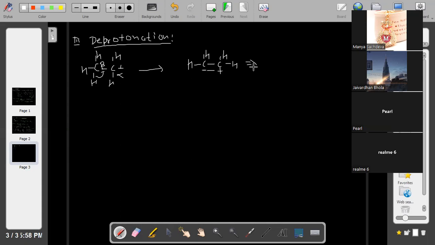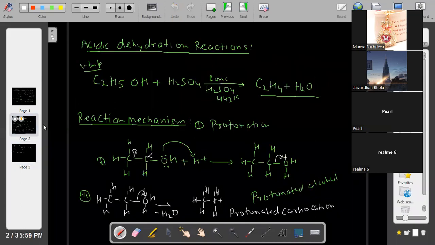So you will get CH2=CH2 and the proton is free. Lastly, HSO4 minus takes this proton and H2SO4 is retained.